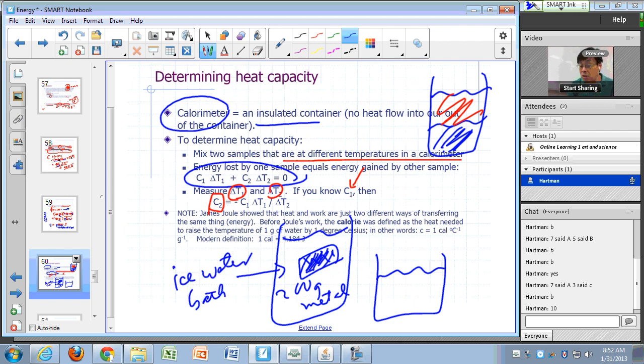That's going to be at 0 degrees Celsius. So your water is going to be at room temperature, and you keep your metal in an ice water bath long enough so it will be at 0 degrees Celsius.